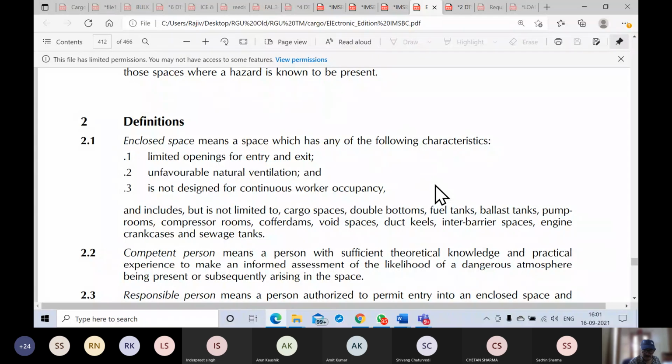Not only that, the IMO recommendation goes further to say that spaces adjacent to enclosed spaces are also to be treated as enclosed space, which means a cargo hold is always treated as an enclosed space, and adjoining void spaces and coffer dams to the cargo hold are also enclosed spaces.